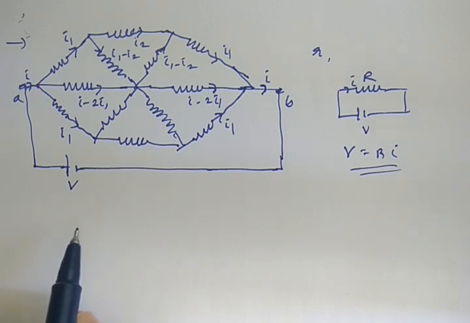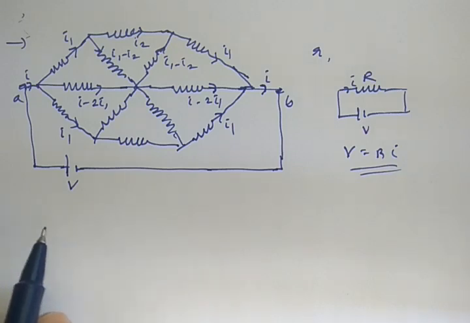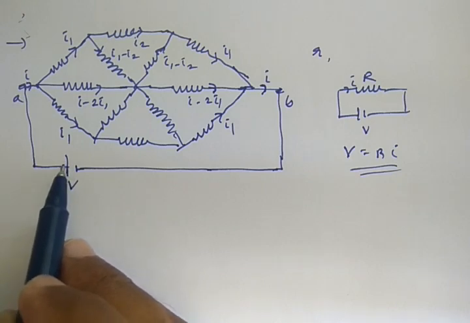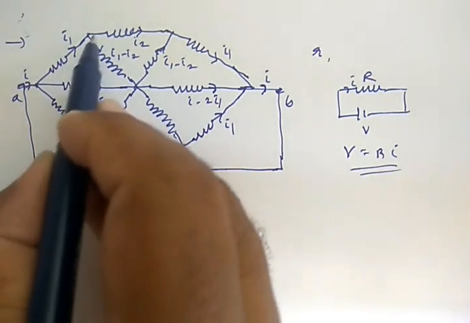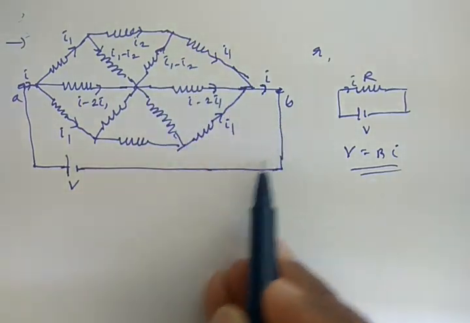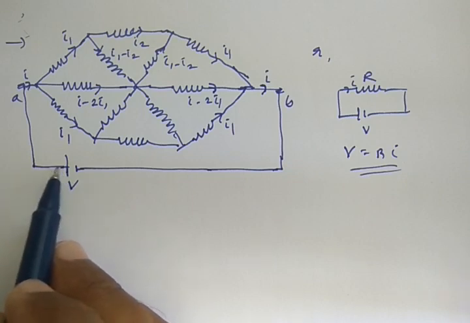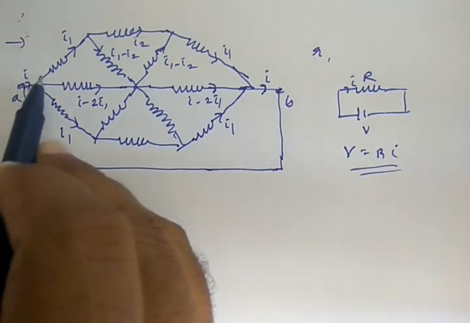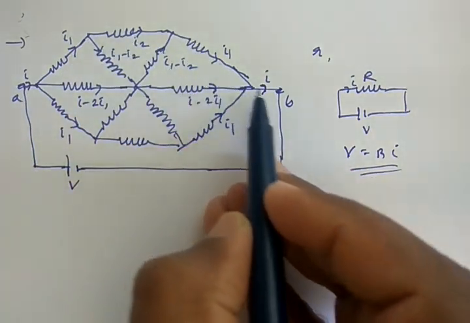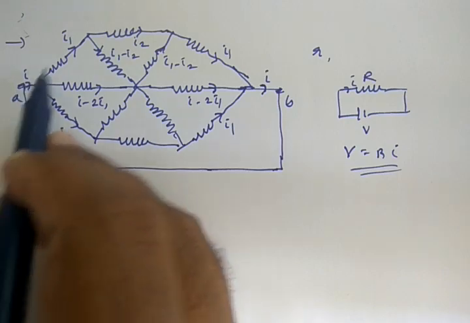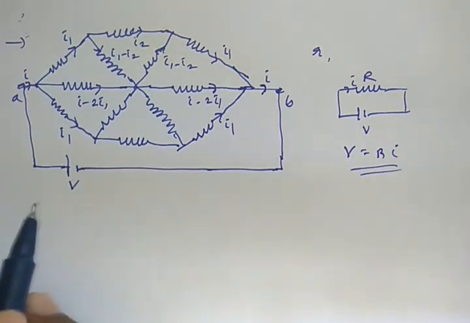Now I will apply the loop rule. I am taking the first loop like this. So I am starting from here, going through this line and the last line and coming back here. So then the voltage across this one is R into I1.